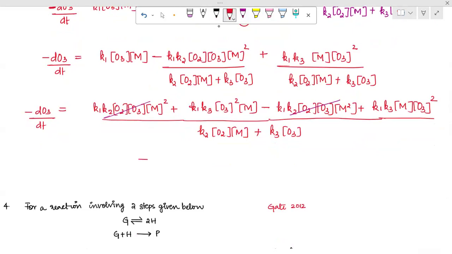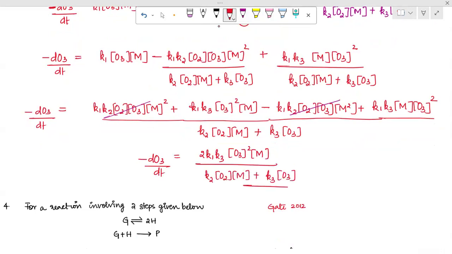So when you add them, you get minus dO3 by dt is equal to 2 times K1 K3 O3 squared into M divided by K2 O2 M plus K3 O3, is what I have got as my final expression.